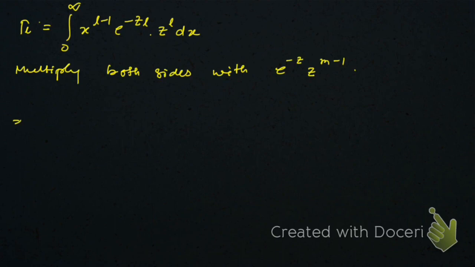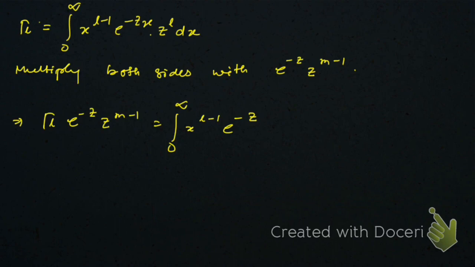Then what we're going to have, gamma L e to the power minus z, z to the power m minus 1, and on the other side as well, integration x to the power L minus 1 e to the power minus z, sorry, there was x here, it should be x, right?